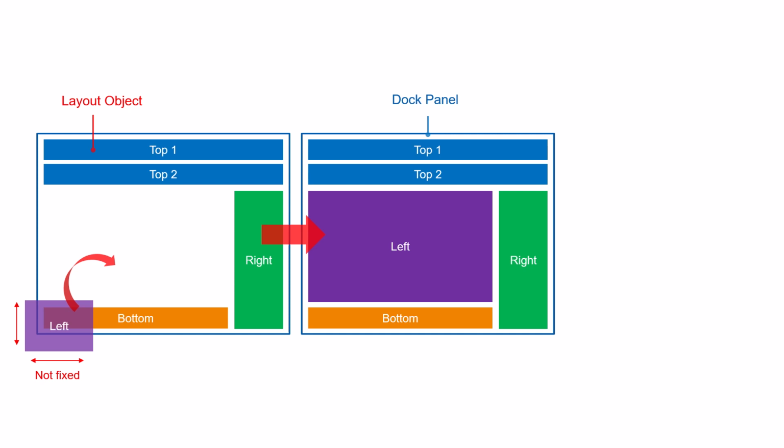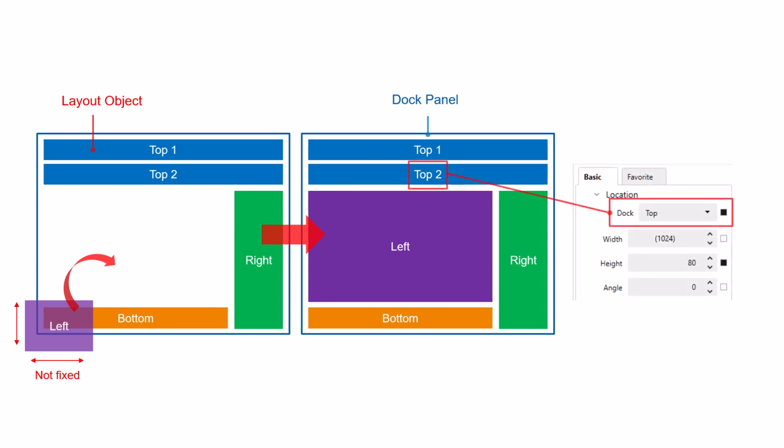This feature is suitable when you want to adjust the height and width of the screen while the HMI is operating. Objects placed in the dock panel will have a dock item added to their properties. This item allows you to set which area objects are placed up, down, left, or right.